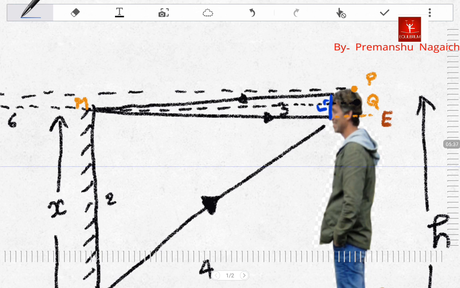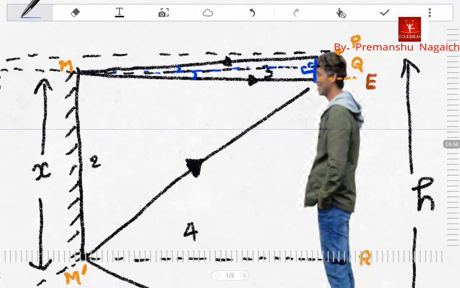This is 90 degrees and this is 90 degrees. Same angle. This side is common and these angles would be the same. Why? Because i equals r for reflection from a plane mirror.